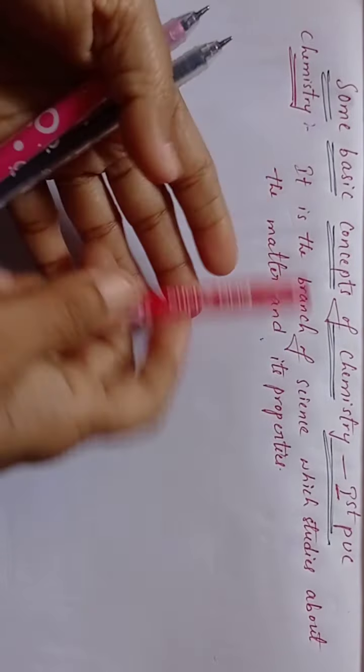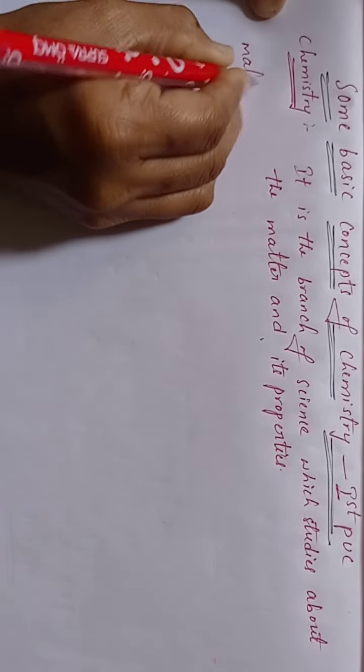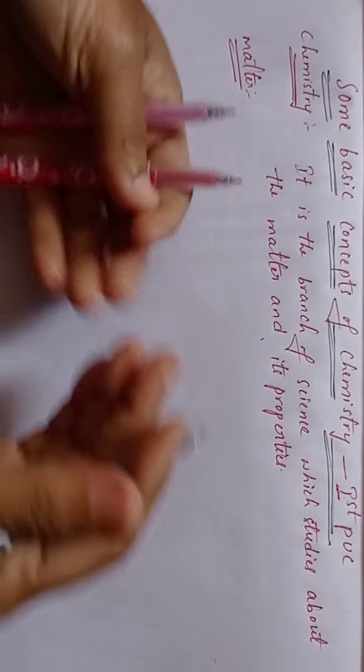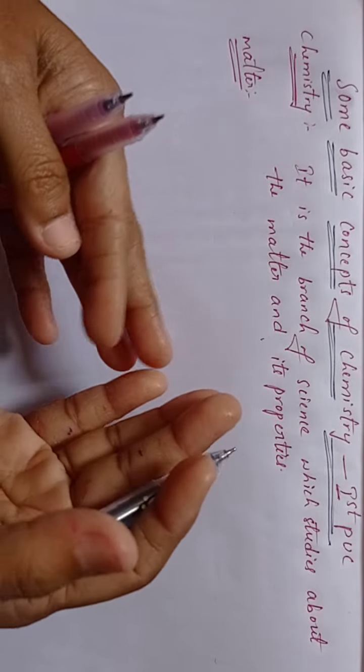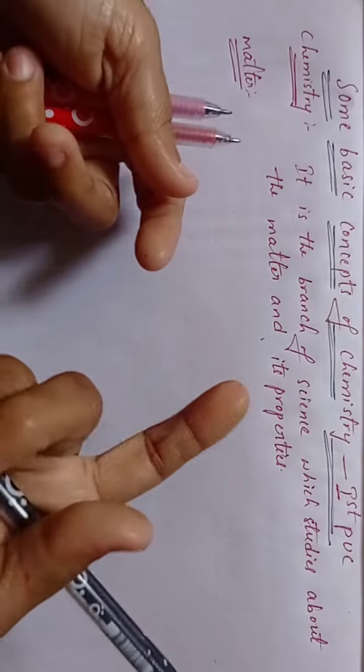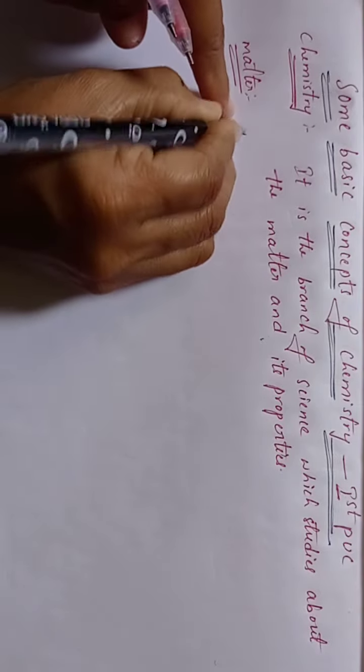What is matter? So first we are going to discuss what is matter. Matter is the one which has mass and occupies space, which has mass and volume. Clear?